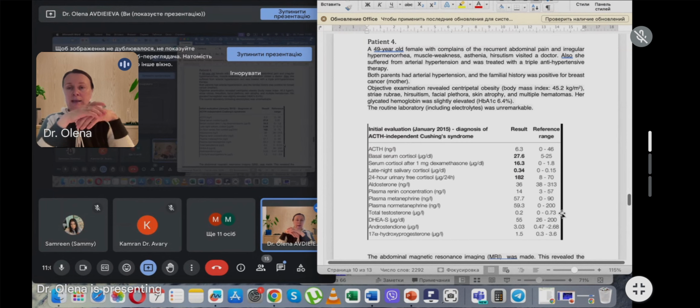So our patient has typical changes in appearance, such as hirsutism and a specific type of obesity. Our patient has typical complaints of muscle weakness and menstrual disturbances. She also has hypertension, and we have information that she has abnormalities in carbohydrate metabolism, because her glycated hemoglobin level is increased.